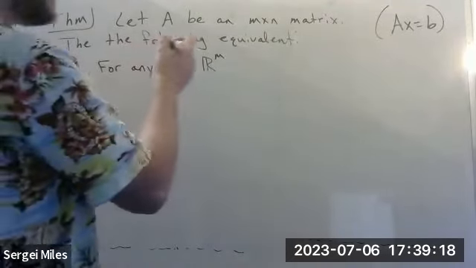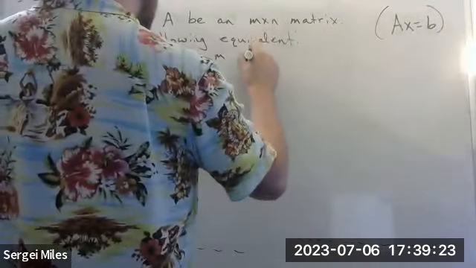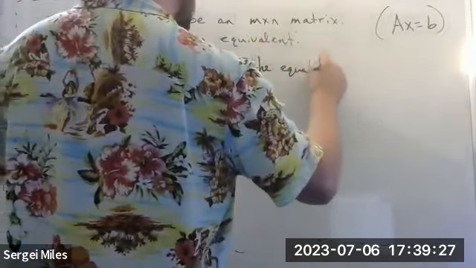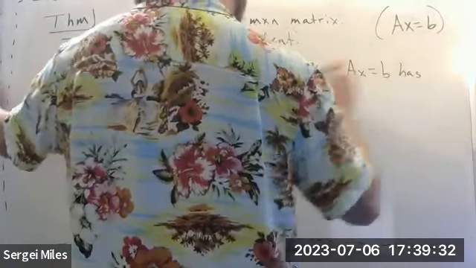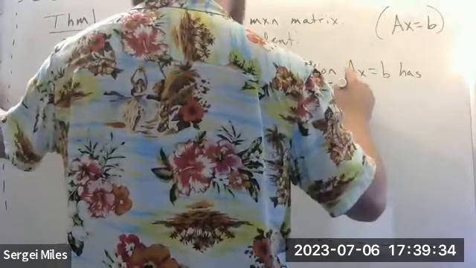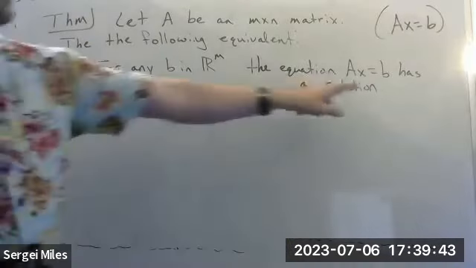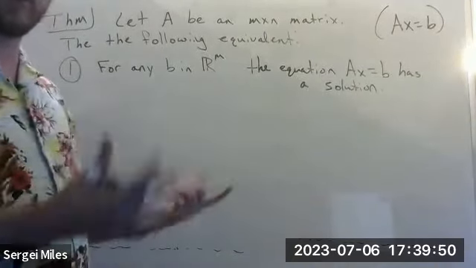So for any B in Rm, the equation AX equals B has a solution. So what is statement 1 saying? This combination exists. In other words, this is like that special case we were talking about when we had the vectors 1, 0, and 0, 1.